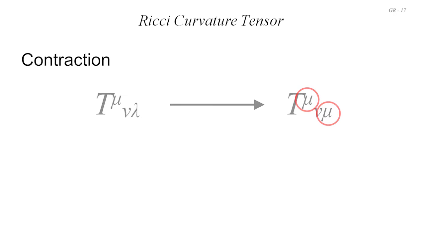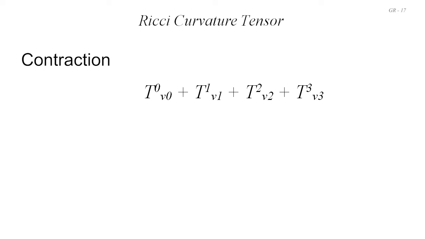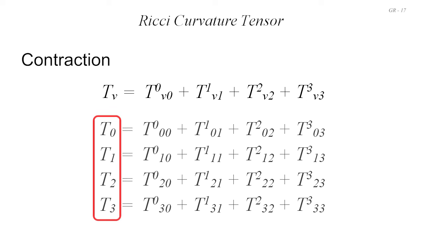We would then, here, have an implied sum over mu. And doing this sum would give us 4 terms in 4-dimensional space-time, each of which would be the sum of 4 things. Note that this new tensor with only one lower index is in fact a vector, but I'll give it the letter t so that each of the components of this new tensor's vector is made of 4 terms, like this, where nu runs from 0 to 3. In other words, these are the 4 components of the new vector in 4-dimensional space-time.